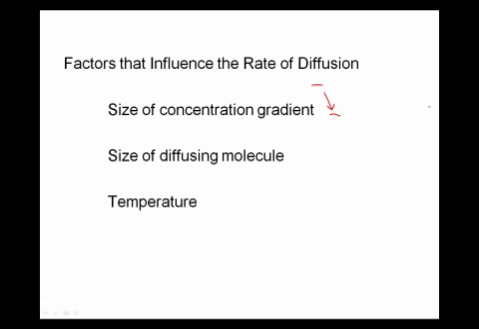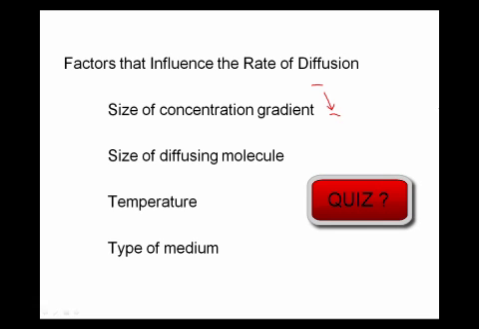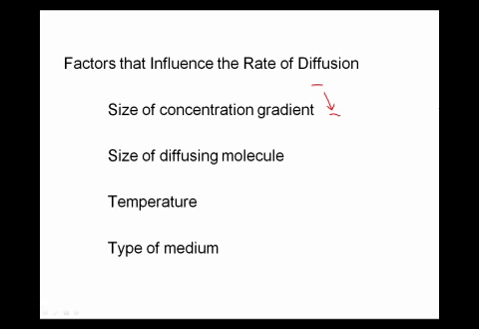Temperature: all molecular movement increases as temperature increases. So certainly an increase in temperature would increase the rate of diffusion. And also the type of medium. Gases are going to diffuse more rapidly because these are small molecules. It's a less dense medium. Things will diffuse into water or a liquid a little bit more slowly, and diffusion through a semi-solid medium is going to be slower yet. And so the type of medium will influence diffusion rate.